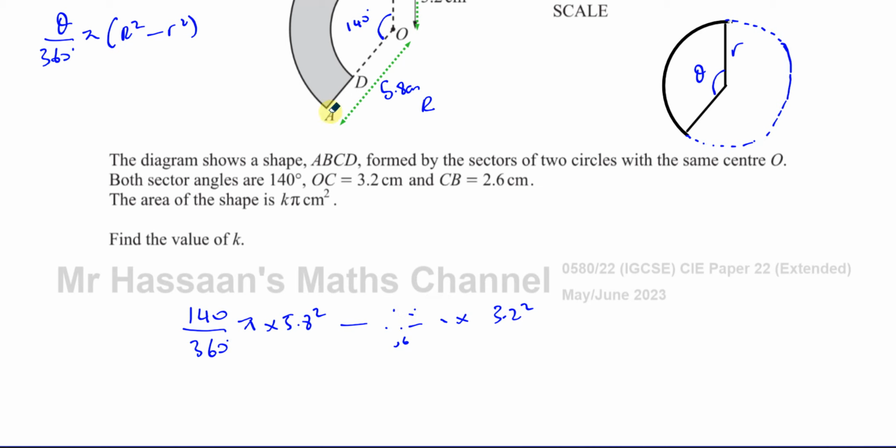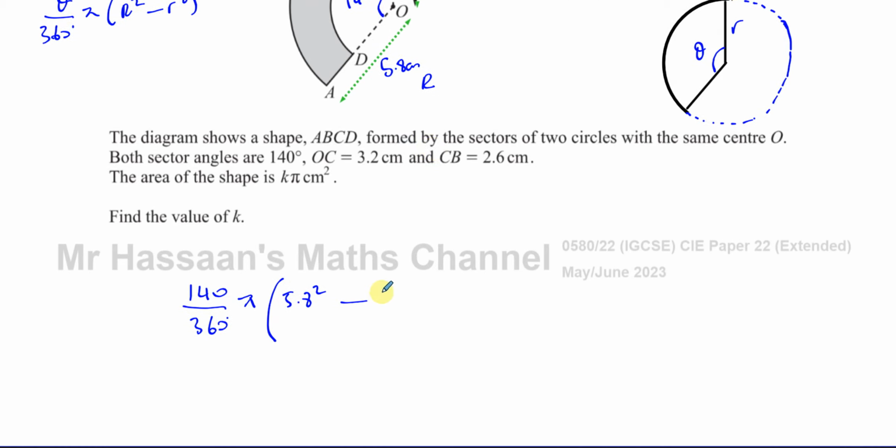So I can put a bracket here. I have 140 pi over 360 times 5.8 squared minus, and the radius of the small part of the circle is 3.2 squared, and that will give us the required area.